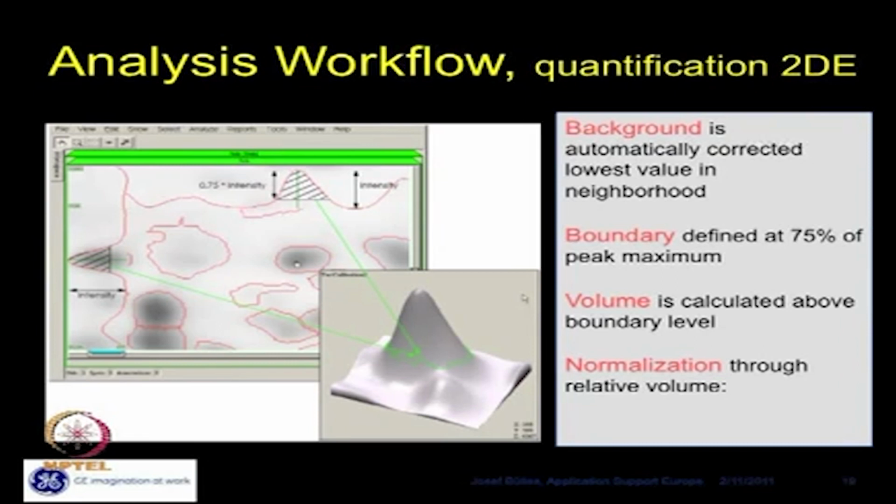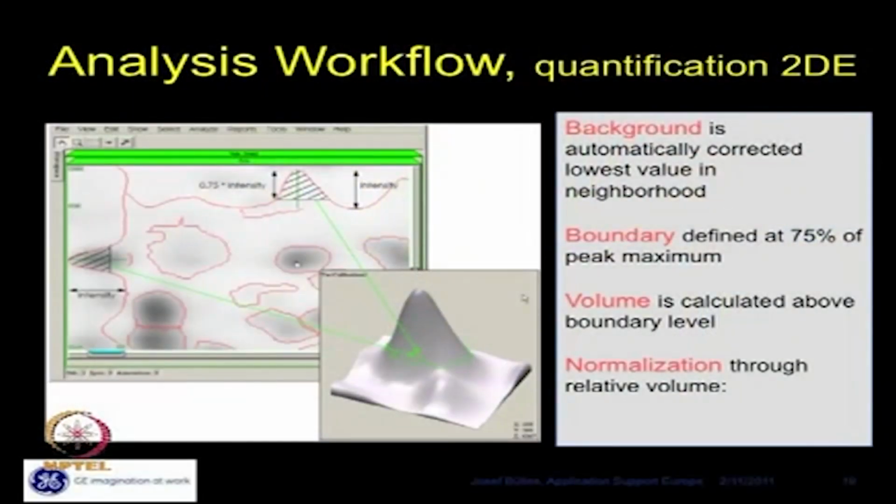Then volume is calculated above the boundary level only, where you can see the green line, the green boundary; only above this we calculate the volume. Then normalization through relative volume: from all spots it is reducing this 25%, and the remaining value, the relative volume, is what is going to be analyzed.